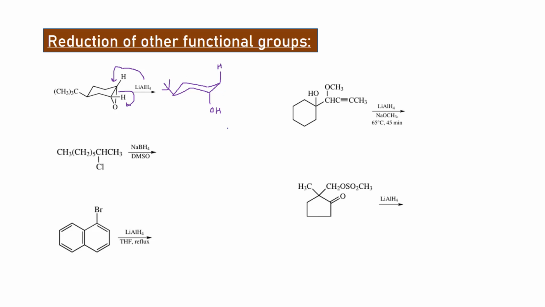Okay. Next is this one. If you have this type of halide group, what will happen? Simple SN2 substitution. So H minus will attack at this place, and you will get just the substituted product.